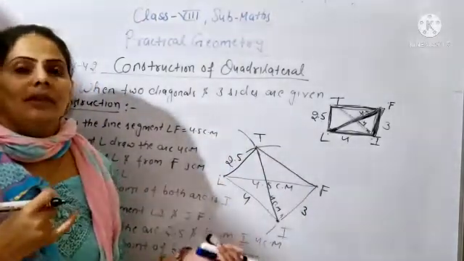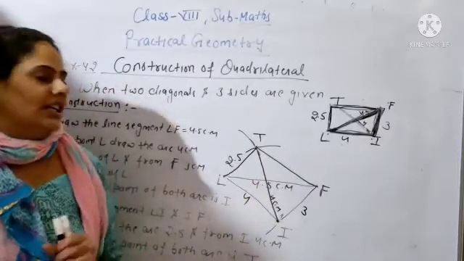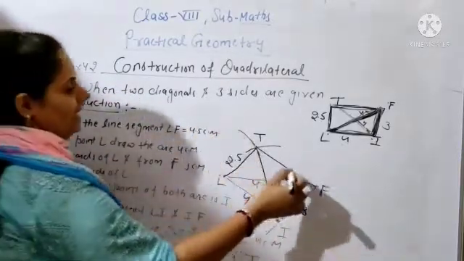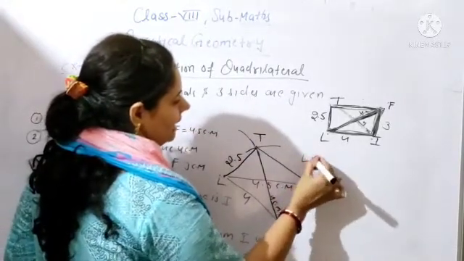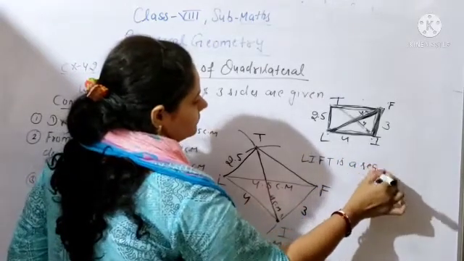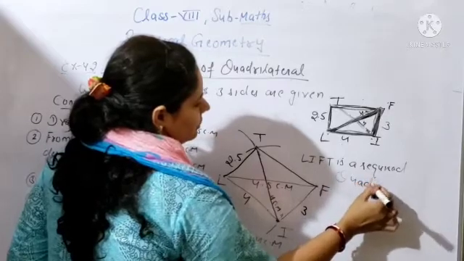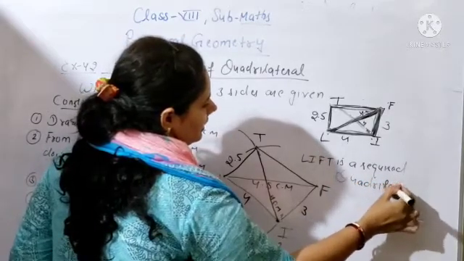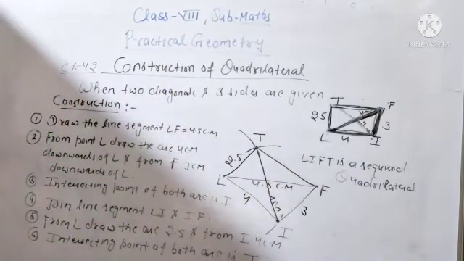After that you will write one more line also, join the line segment TF also. And after that you can write in the last line, quadrilateral LIFT is the required quadrilateral. Clear, beta? In the last line you will write LIFT is your required quadrilateral.